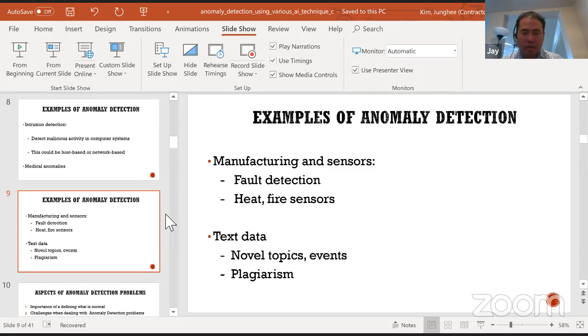In the IoT, we can detect different phenomena, like force detection and heat or fire sensors. You can detect high heat or fires. And in text analytics, you can detect different behavior like plagiarism, right? Novel topics which are different from normal text. Those can be used with the AI.